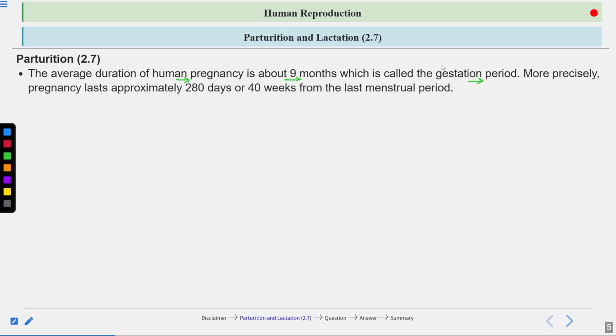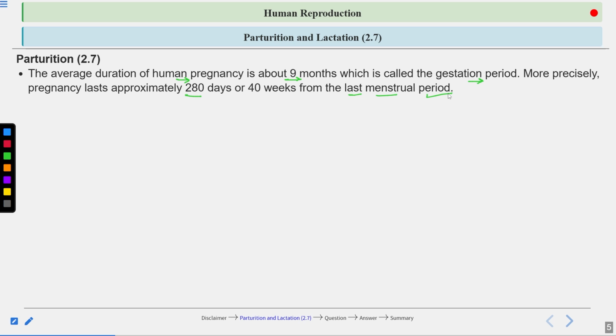At the end of the 9 months, the fetus is completely developed. More precisely, pregnancy lasts approximately 280 days or 40 weeks from the last menstrual cycle.